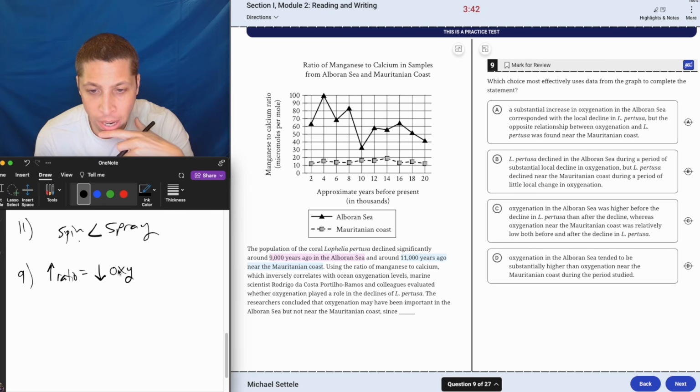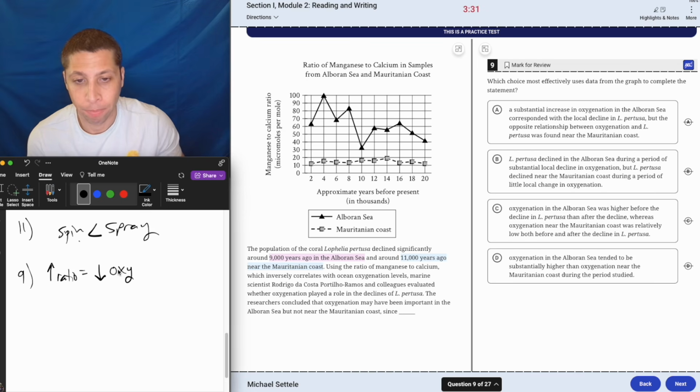They evaluated whether oxygenation played a role in the declines of El Pertusa. The researchers concluded that oxygenation may have been important in the Alboran Sea, but not the Mauritanian coast. Okay. So the graph is talking about the ratio. The oxygen isn't on there at all.